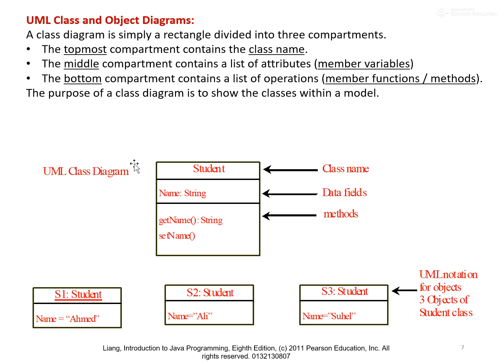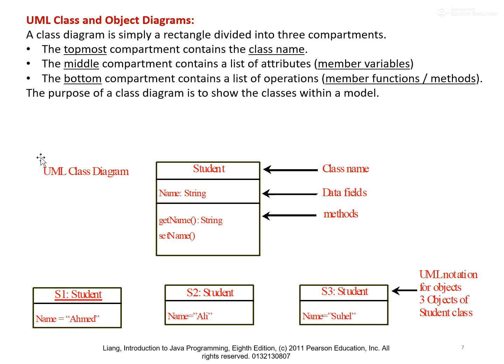Now, there's a standardized way by which we can represent a single class or even a group of objects or classes using something called a UML class and object diagram.